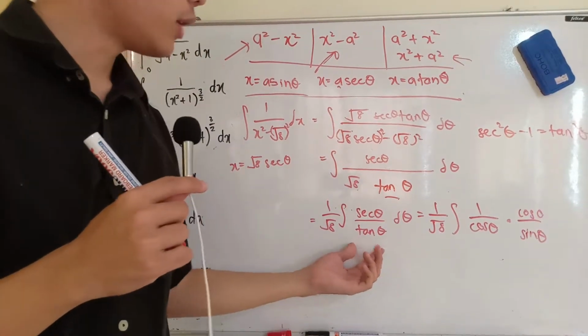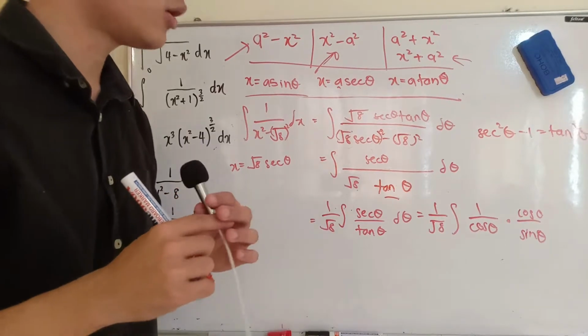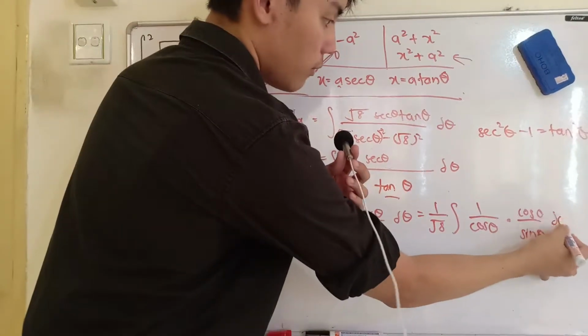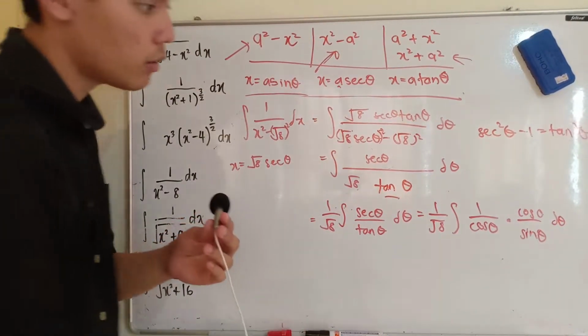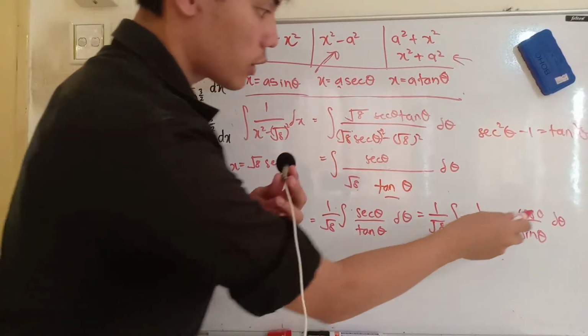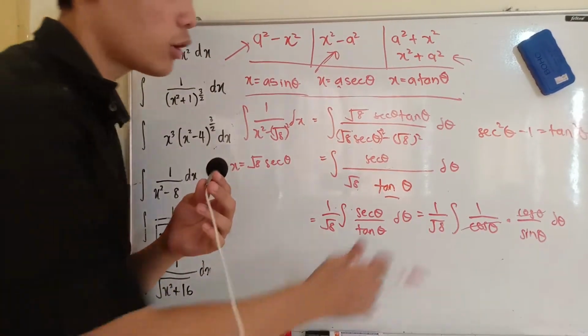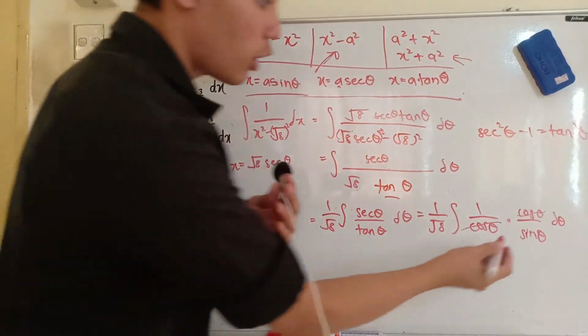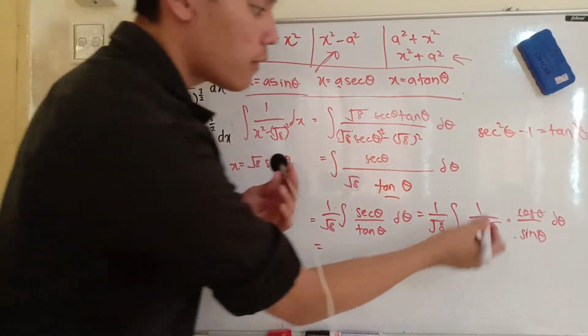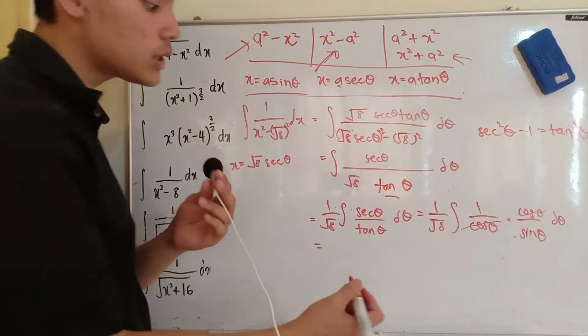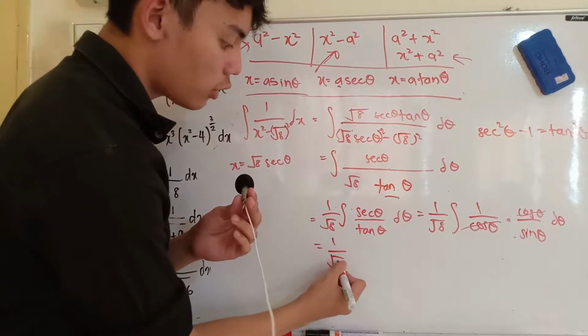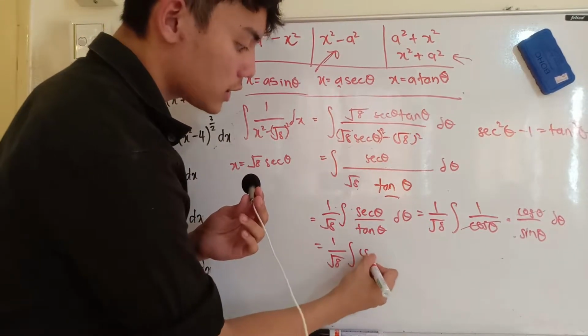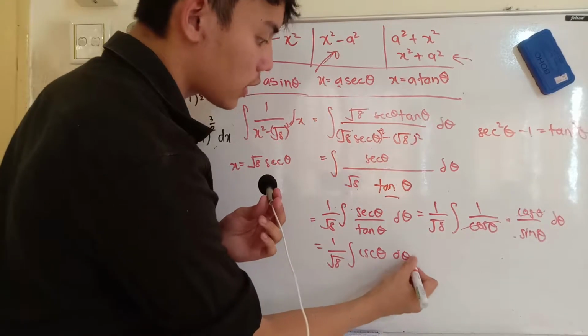Because your tangent right now is at your denominator, so it's going to be inverted. Now you cut the cos, and you're going to have 1 over sine, actually your cosecant. So you have cosecant theta d theta.